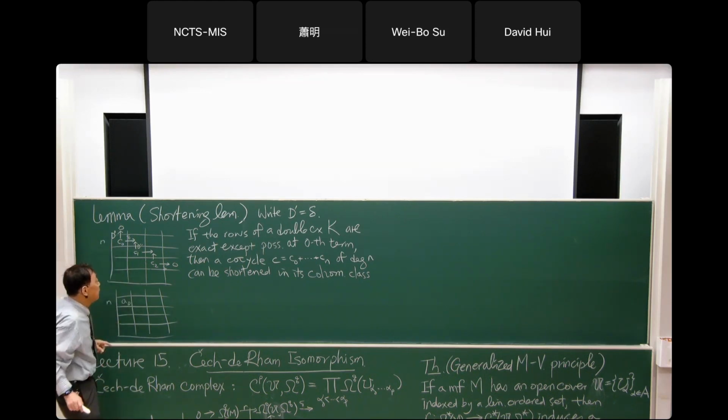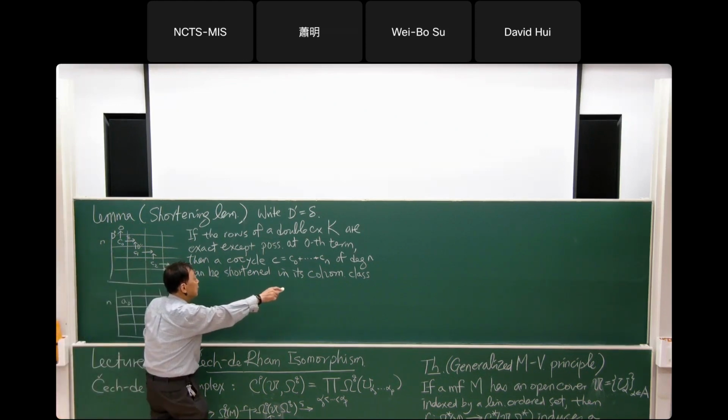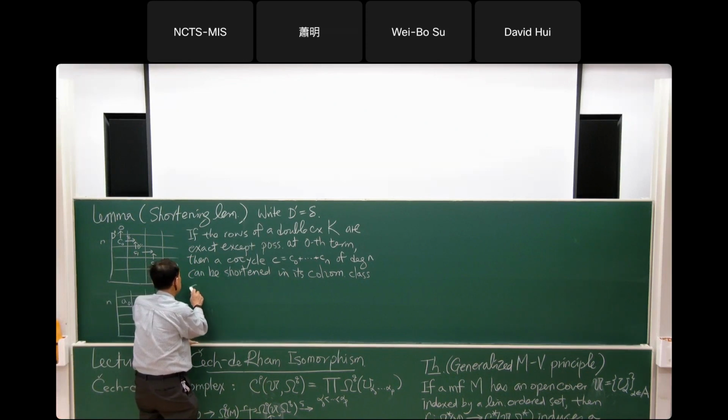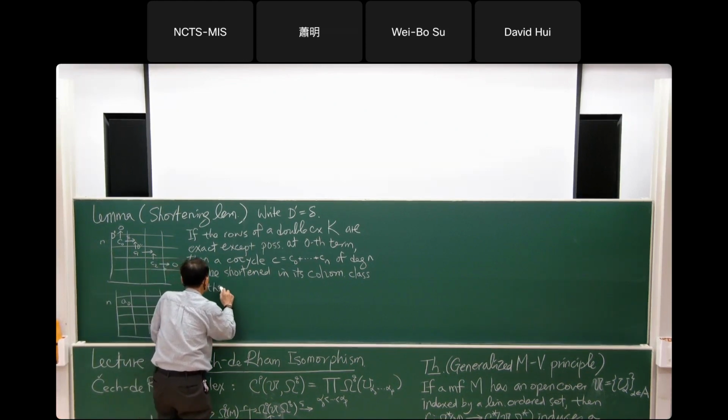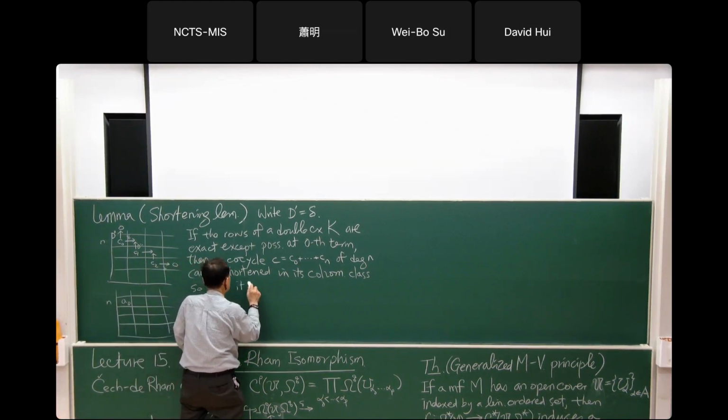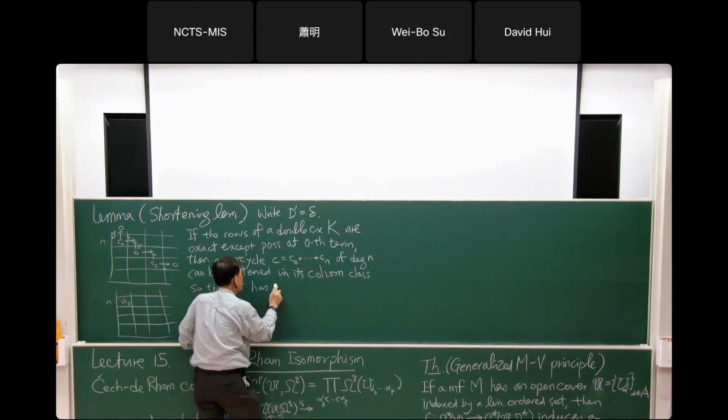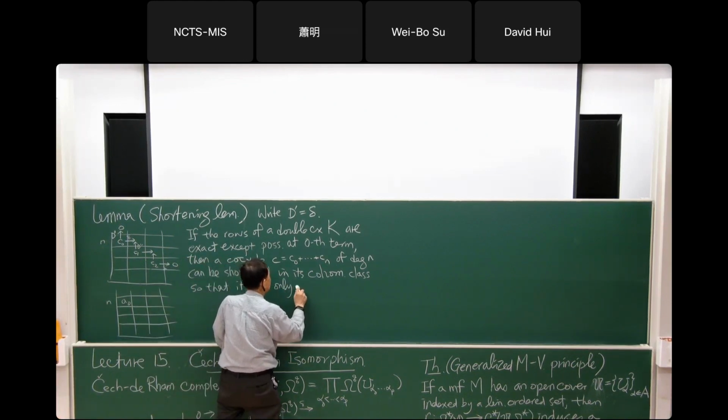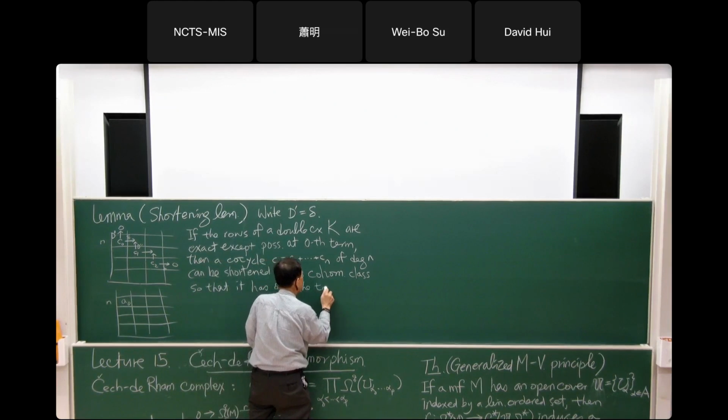Here I have a picture of degree 2. It can be shortened in its cohomology class so that it has only the top component.